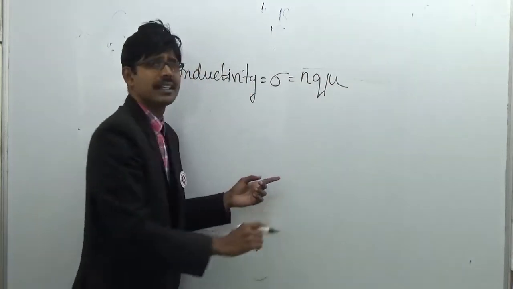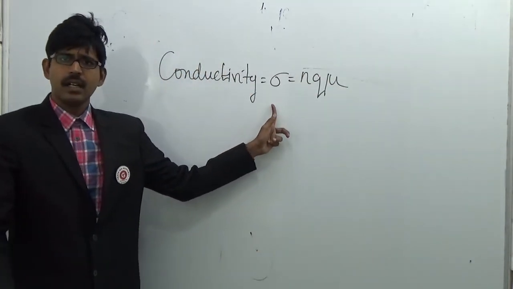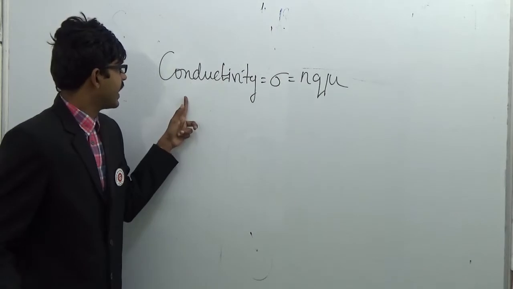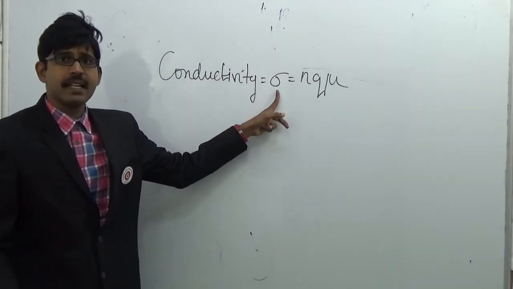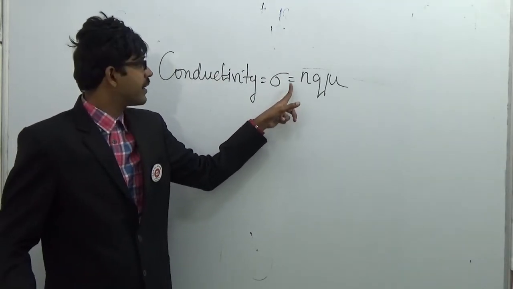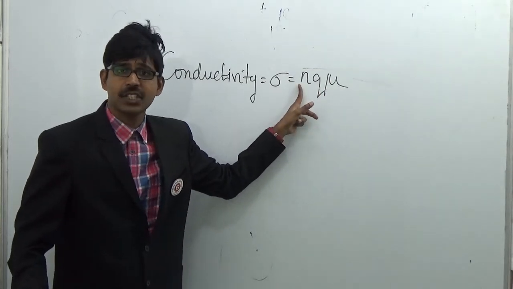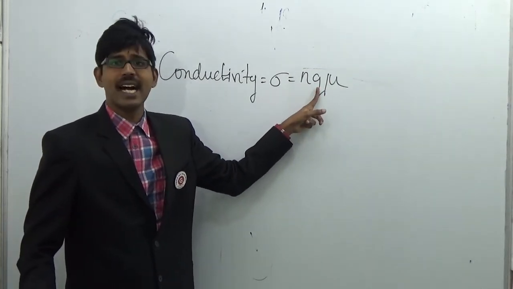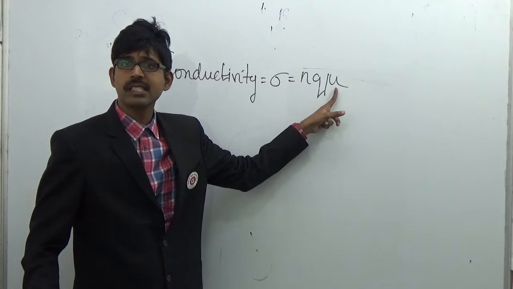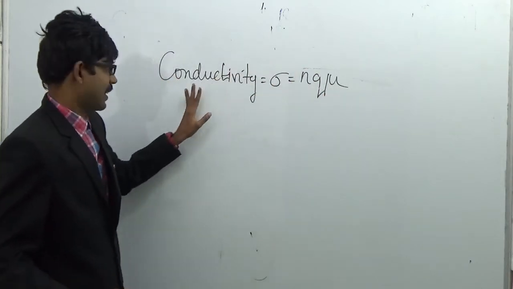I already came across this term. The conductivity, sigma, can be calculated from N, Q and mu, where N is the concentration of electrons, Q is the charge of the electron, and mu is the mobility of the electron.